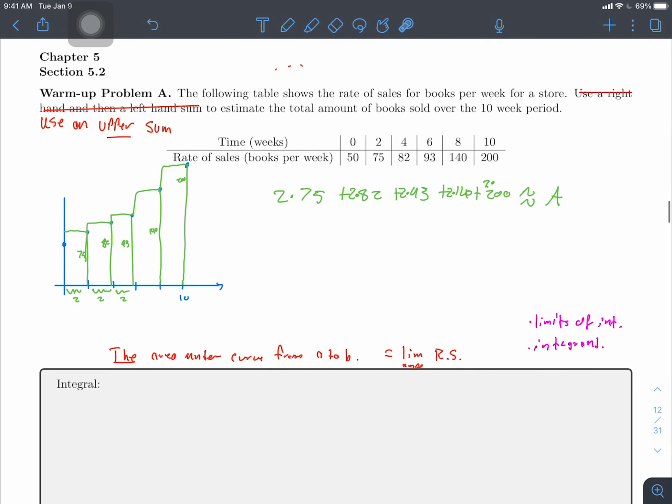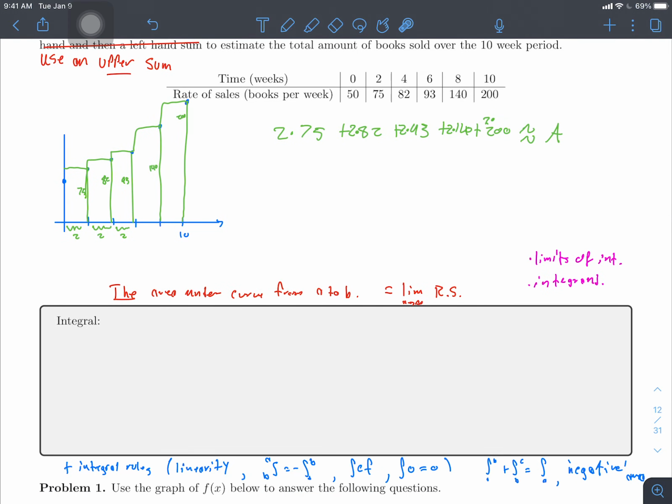All right, so let me jump in now and talk about something else. We're going to spend the rest of this class discussing integration. We're going to introduce today what an integral is. I'm going to give you the adult version and the less adult version.